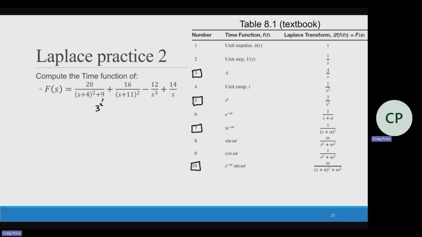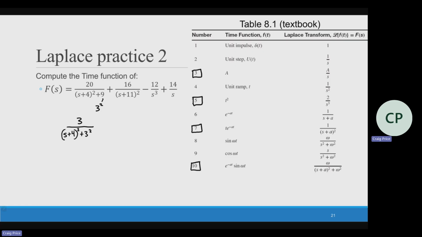Now there were some questions, at least about the first one, which are good questions because if I am using this line 10 right here, that should be like a 3 over s plus 4 squared plus 3 squared. That would be how it would have to be set up on that end.